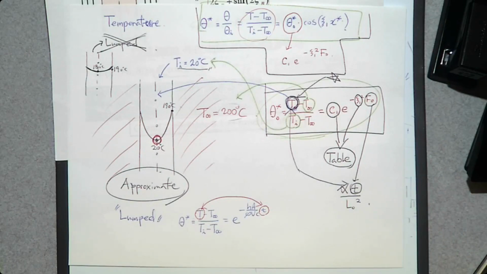Because in the lumped system, we assume that the temperature of the solid is uniform, so anywhere in the solid will have the same constant T. On the other hand, when we have an approximate solution, we have a significant temperature gradient in the solid. So we are going to focus on one critical point, which is the center line. So we can find an equation that shows the relation between the temperature at the center line and time t. Okay?